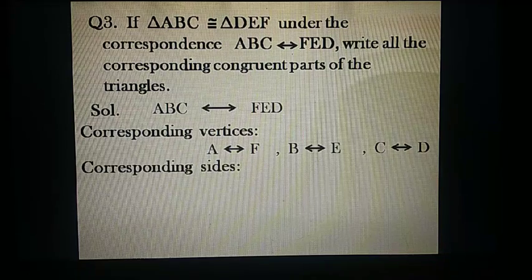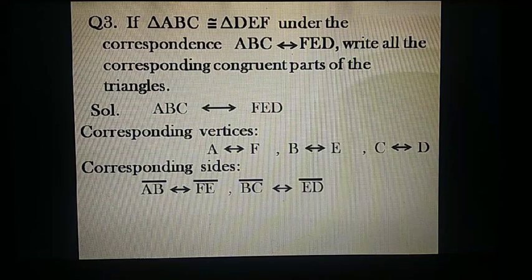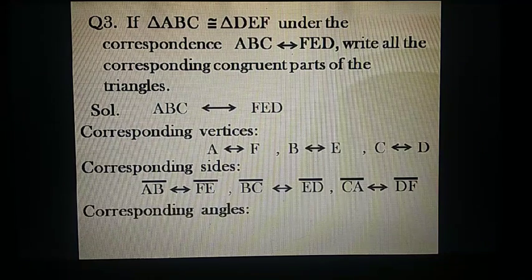Similarly, we can list out corresponding sides. First side in ABC will be AB. As per the vertices, you will get AB corresponds to FE. Next, BC corresponds to ED. Next, CA corresponds to DF. Similarly, we can write corresponding angles.